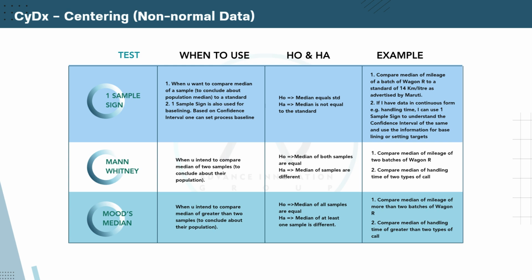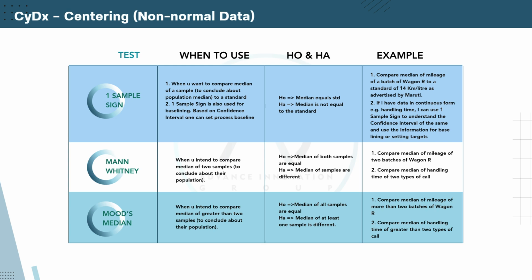When our data is non-normal, these 3 non-parametric tests, one-sample sign, Mann-Whitney, and Mood's median, are our go-to options for testing medians instead of means. Column 1, Test. We are covering 3 tests: one-sample sign test, Mann-Whitney test, Mood's median test.